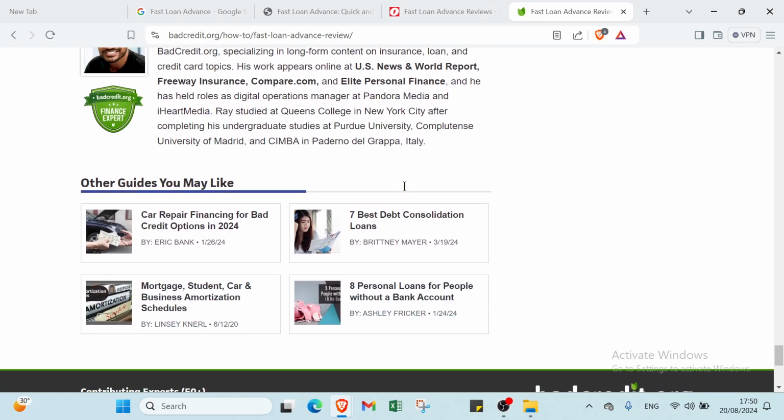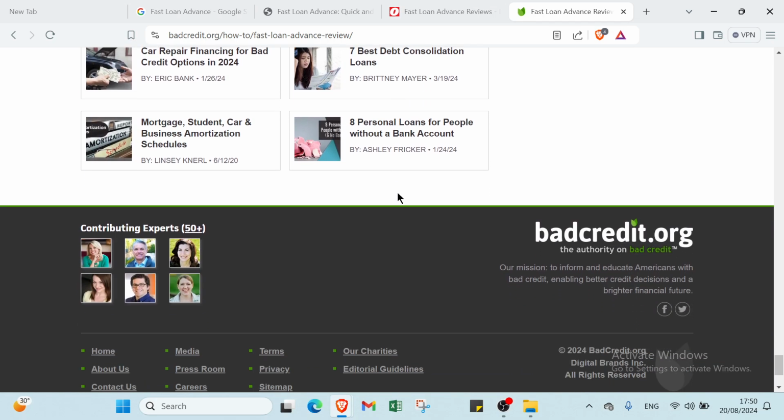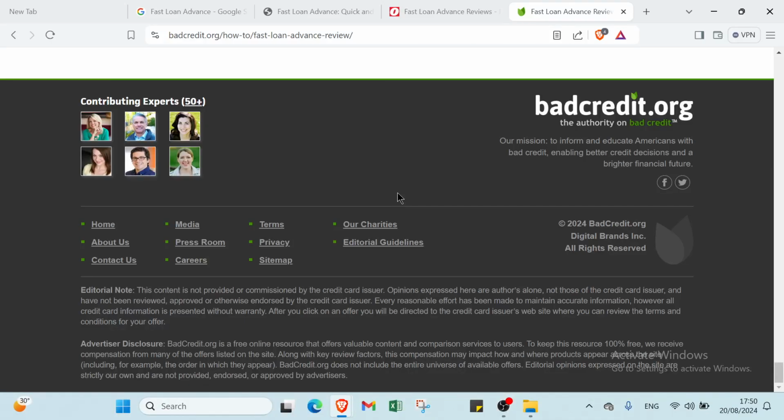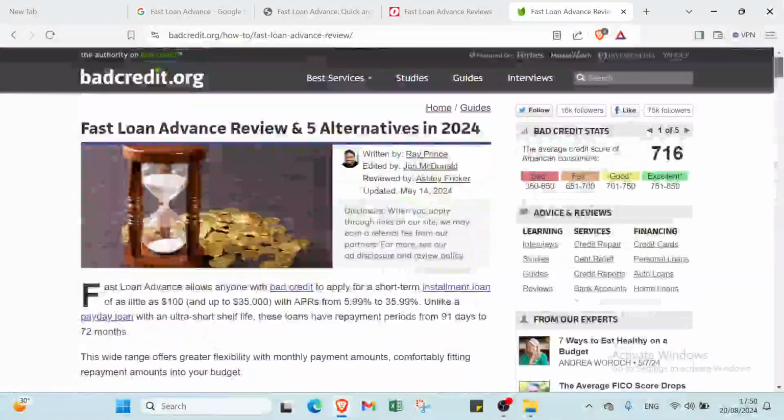Then we have the last one, plan for emergencies. If you frequently find yourself in need of fast loans, consider setting up an emergency fund to cover unexpected expenses in the future. By following these tips, you can use a fast loan advance more effectively and avoid potential pitfalls.